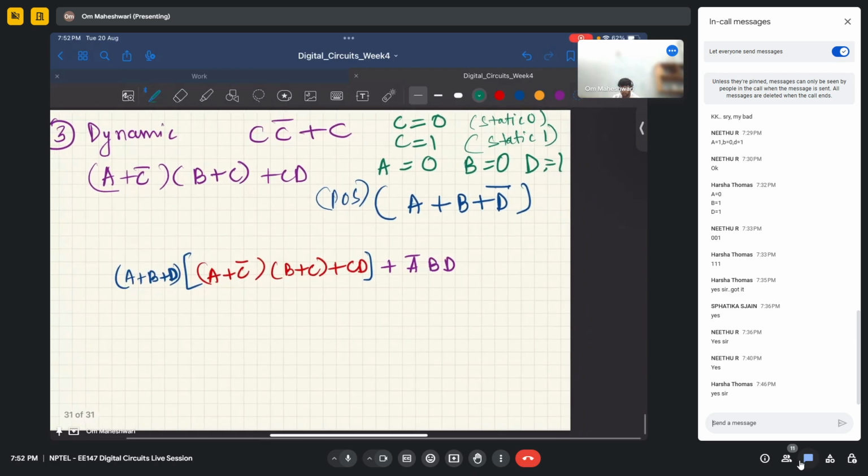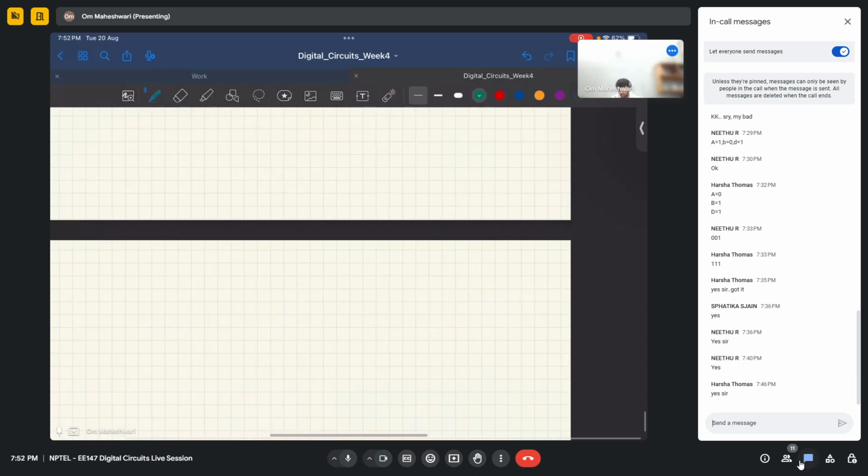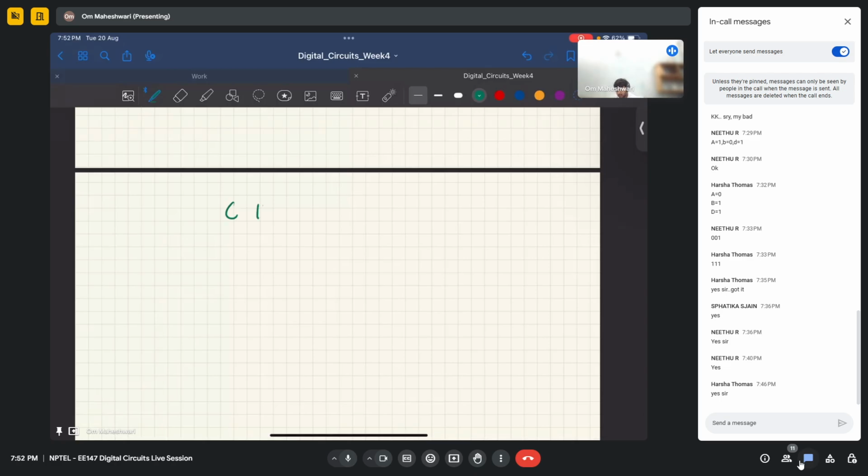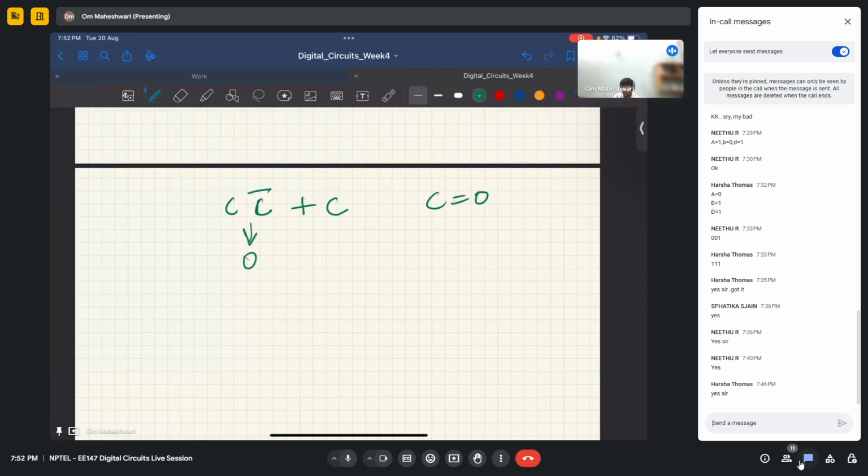Let me see it again. We have C, C bar plus C. This is the condition when we get a dynamic result. So here if C equals 0, this should always be 0 anyway, and the C will become 0. So you should get static 0. Your output should remain 0, and when C equals 1, your output should remain 1.